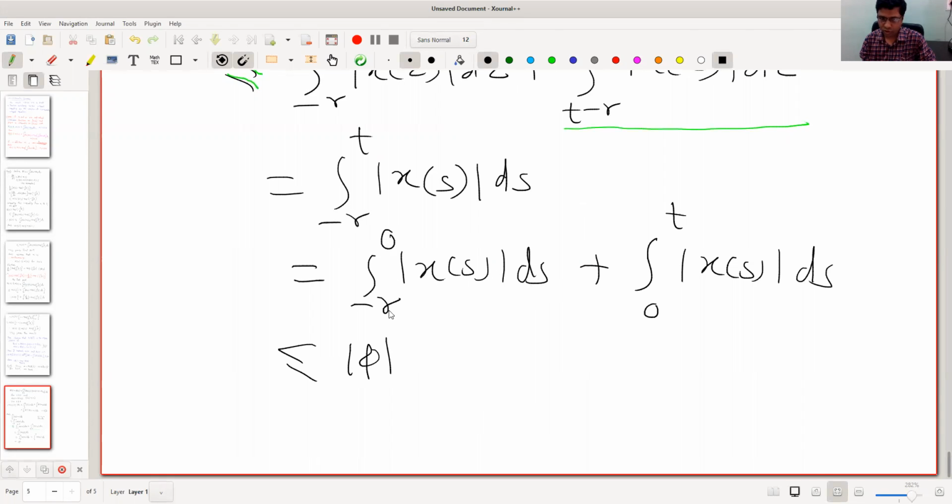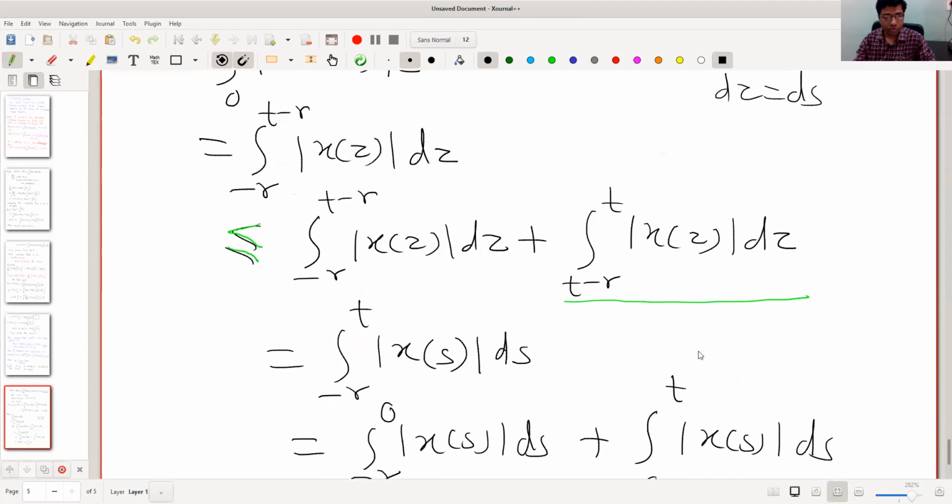The upper limit is 0, the lower is minus r, so it is r. Plus the integral from 0 to t of the norm of x of s ds.